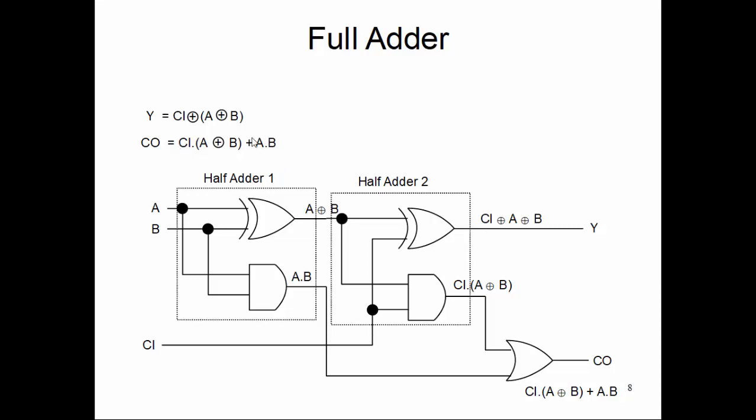That's the final carry out. My carry out from half adder 2 is CI and A XOR B, and half adder 1 carry out is AB. So I must OR them together to make my final carry out of this full adder. This is how we use two half adder circuits to make a full adder circuit.